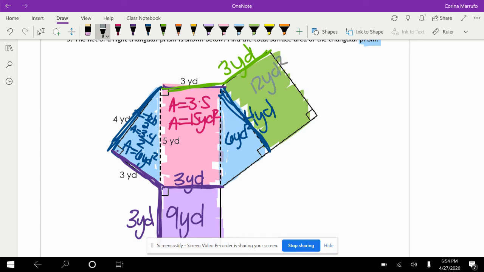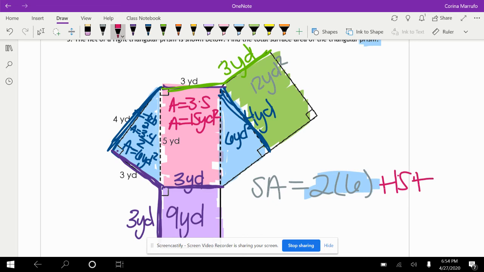Okay, so now we're going to add them all up for our surface area. So surface area equals, we have our 2 triangles that are both 6 yards each. And then we have 1 rectangle that is 15 yards. Then we have another rectangle that is 9 yards. Did I say triangle? I think I meant to say rectangle, I'm sorry.